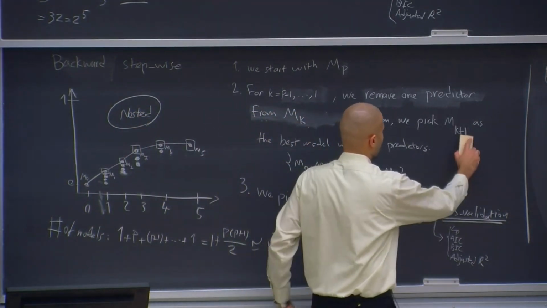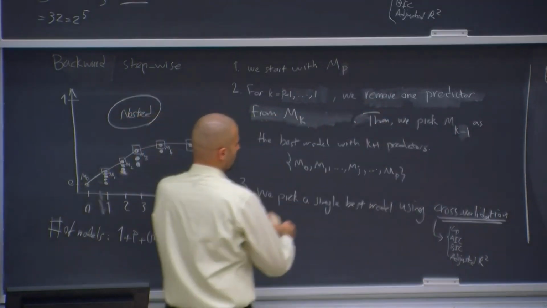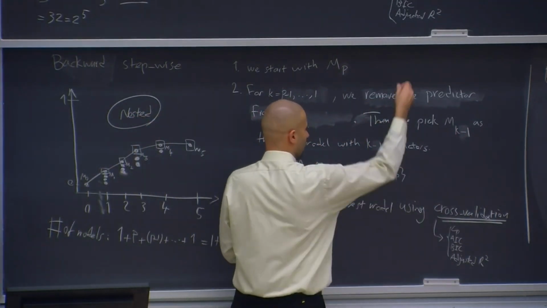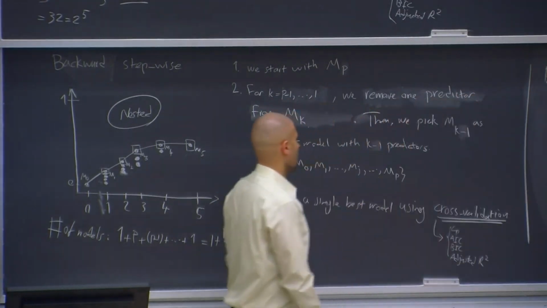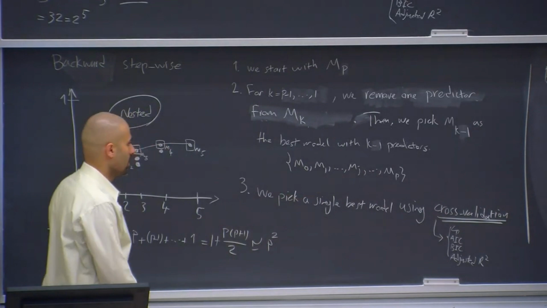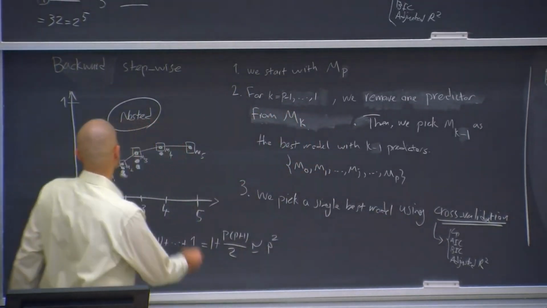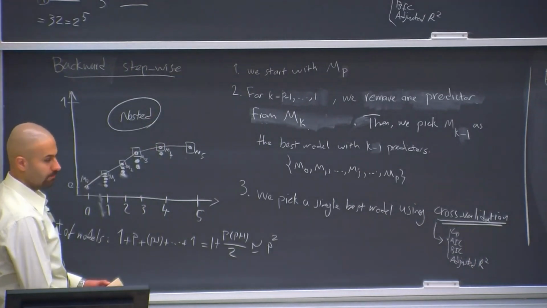Then we pick Mk minus 1 as the best model with k minus 1 predictors. That's just the vertical comparison between these models. That gives us a set of these models, M0 to MP, and then we pick a single best model using cross-validation, and that's the process for backward stepwise selection.